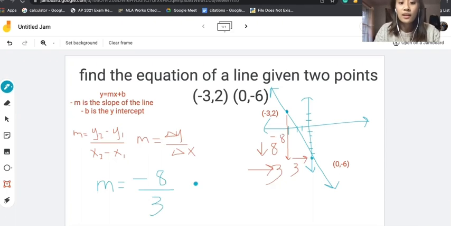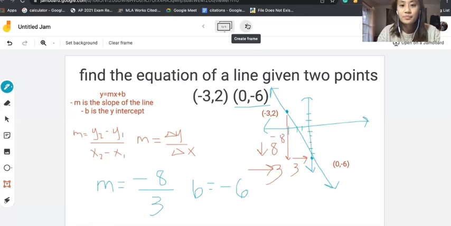And our b value is actually already given to us in the point because the b value is the y-intercept, so b equals -6, given from here. Okay, so now that we have our two values for m and b from a graph, we're going to do it algebraically.